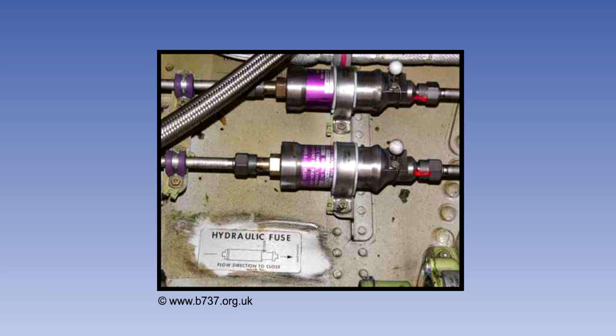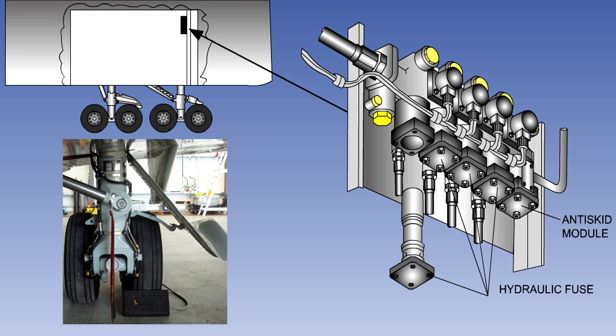The devices used to do this are known as hydraulic fuses. Wheel brakes are normally protected by fuse units. Each individual brake unit will have a fuse. They are often co-located with the anti-skid modules in a safe area at the top of the wheel well.